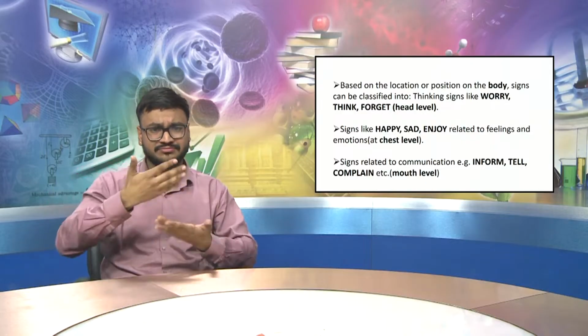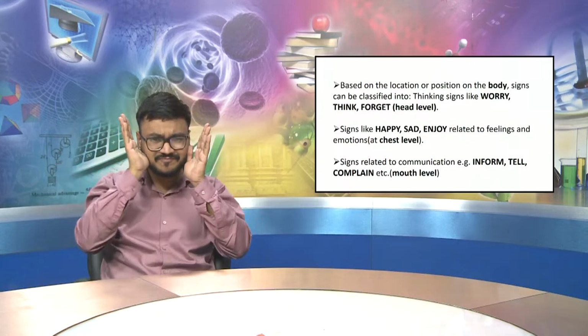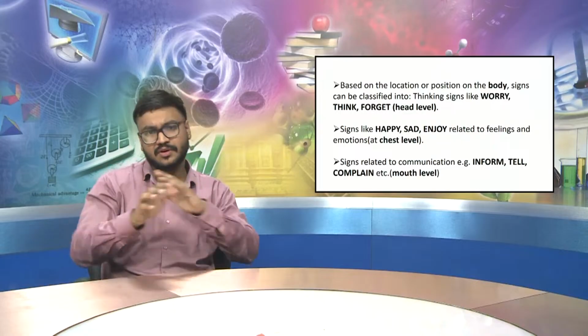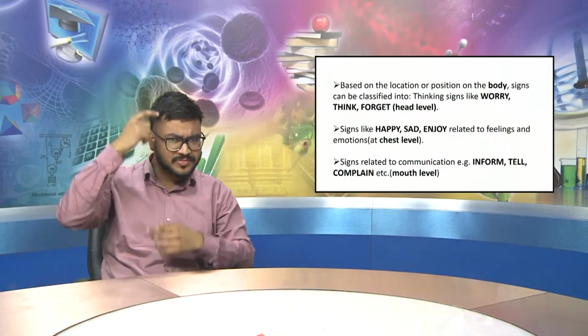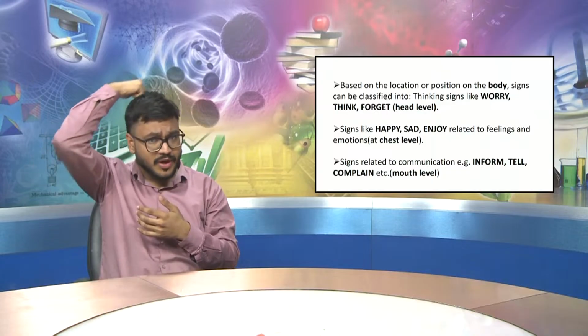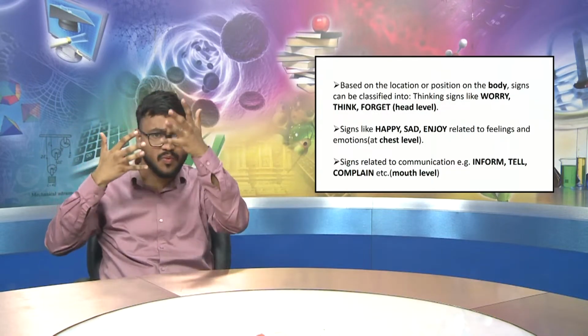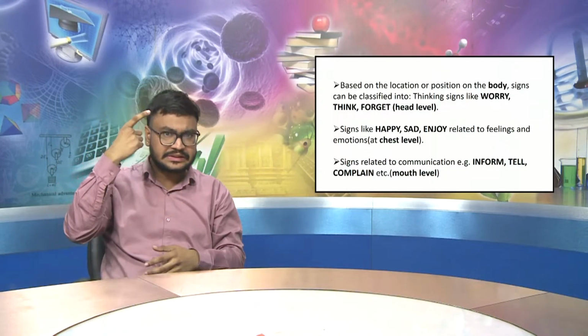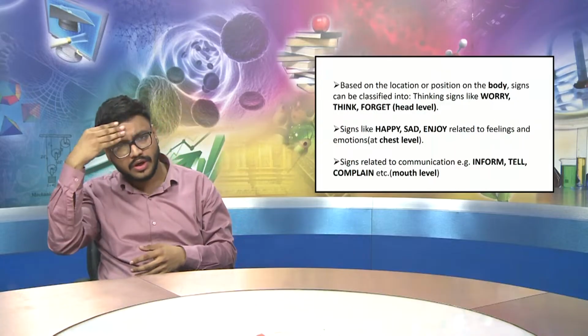Based on location or position on the body, signs can be classified into families. Thinking signs like worry, think, forgot are made near the head level.